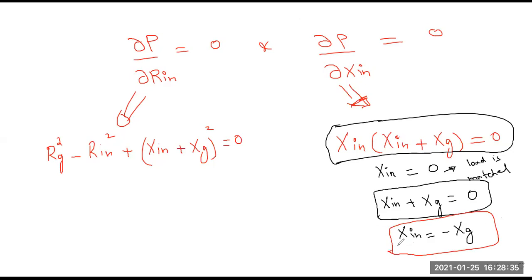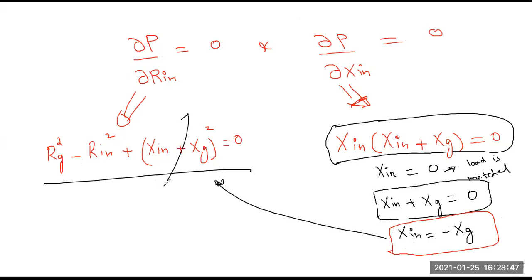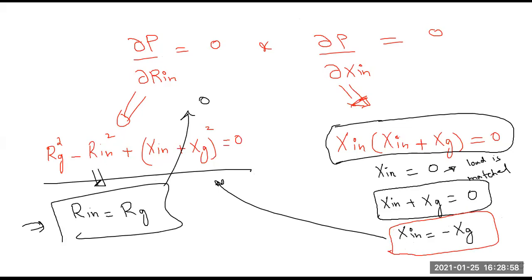Once you have this condition, you can come back to the second equation that you have derived. If you put Xn equal to minus Xg, this will be 0, and then you have Rn equal to Rg, because Rg square minus Rn square will be equal to 0.